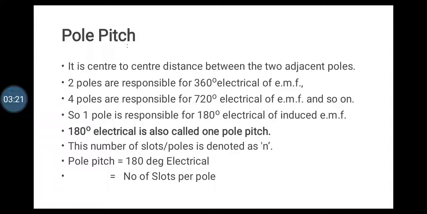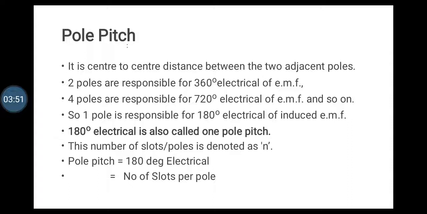Suppose consider an example. Two poles are there and an 18-slot armature of an alternator is there. Then for one pole, there are 18 divided by 2, that is 9 slots it should have. So the pole pitch is 9 slots or 180 degrees electrical.